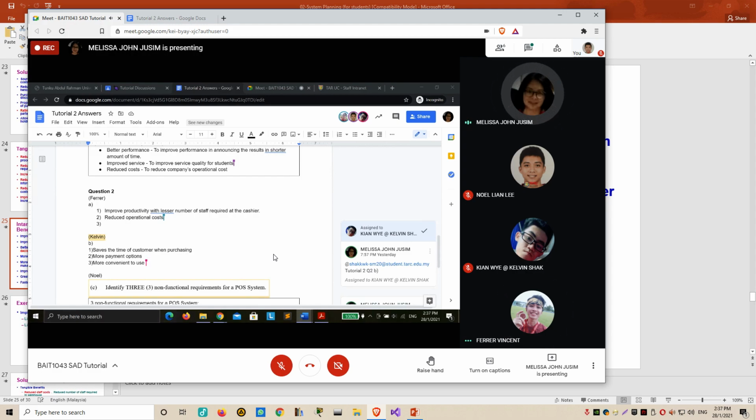If you just put reduce operational cost, then it's too general. Oh, I see. Like the hard copy one, this new POS system can directly store to the system, so it will reduce. The keyword here is a new POS system, point of sale system, right? It means they have been using another point of sale system. So it's not about the paper usage.